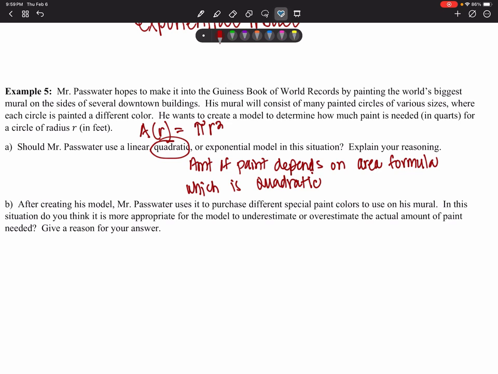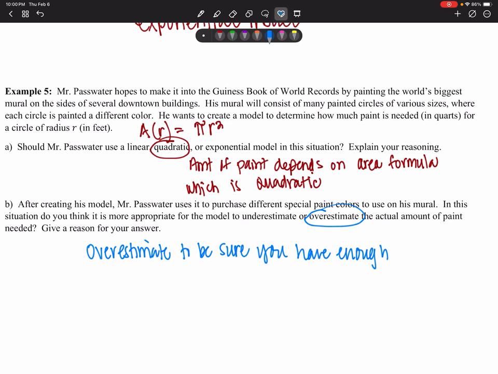Okay, if you said that it is most appropriate for Mr. Passwater to overestimate the amount of paint needed, you would have been correct. I would say overestimate to be sure you have enough paint.